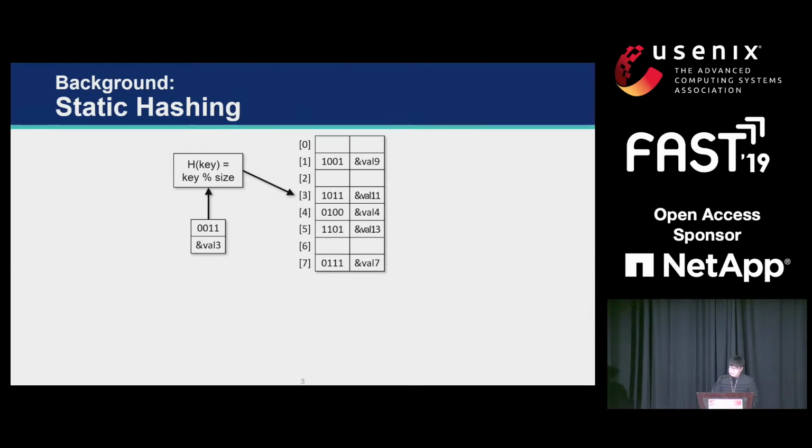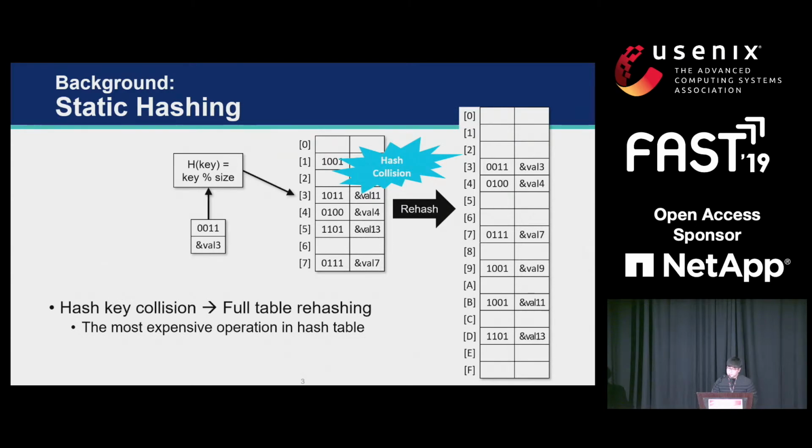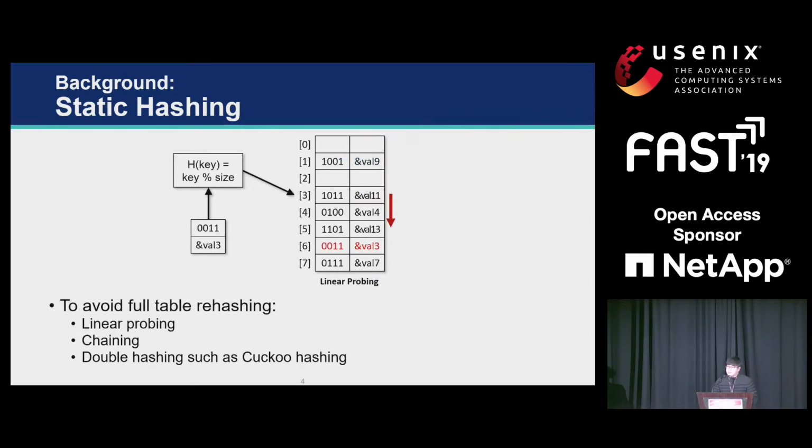A hash table is basically an associative array that stores key and value pairs by using a hash function. When a hash collision occurs, we create a larger table and rehash all the entries into a new table. This full table rehashing is the most expensive operation in a hash table. There exist many methods that try to postpone the full table rehashing.